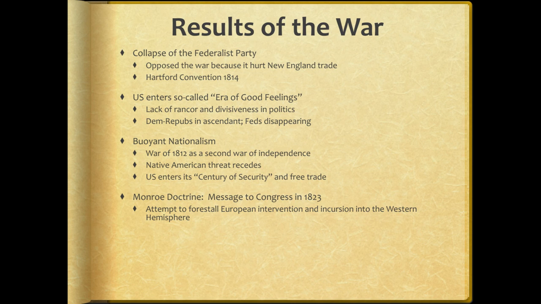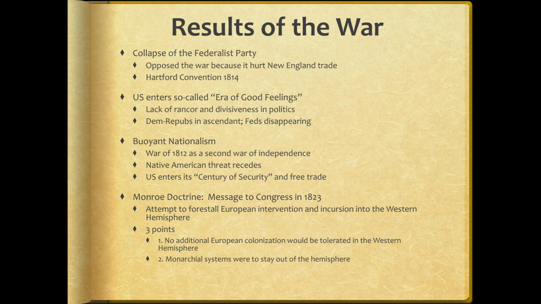And the Monroe Doctrine in 1823 will be passed. It basically was an attempt to make sure that Europe would not intervene in the Western Hemisphere, and that the United States was going to control what was happening in the Western Hemisphere. So again, 3 points of the Monroe Doctrine. No additional European colonization would happen in the Western Hemisphere. So basically, it was telling Europe, specifically England, to stay out of the United States and other parts of the Western Hemisphere.